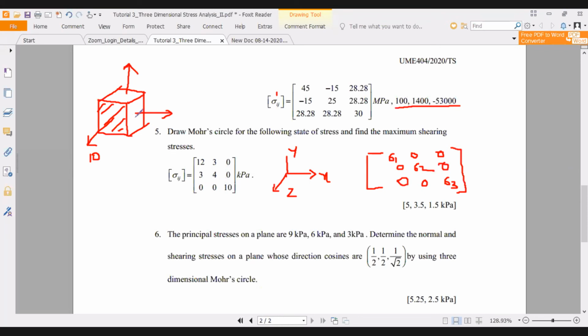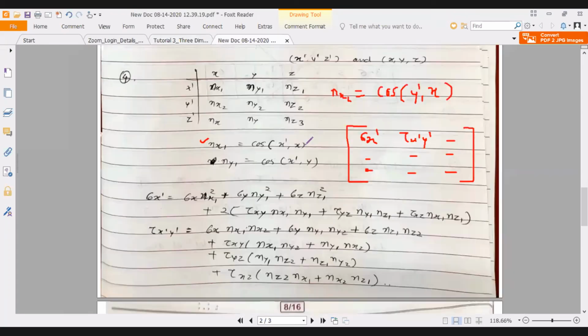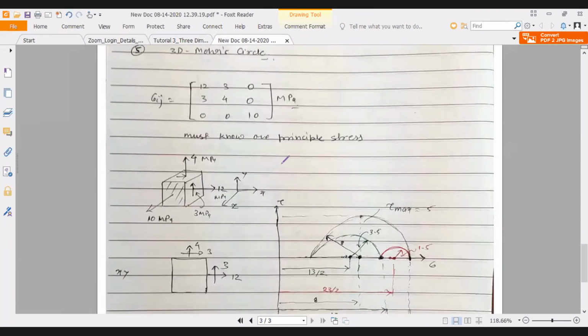But shear stresses are there on these two faces, that is 3 here. So we can easily say that this 10 is one of the principal stresses. So to solve the problem by three-dimensional Mohr circle, at least one principal stress must be known. Okay, so now moving on.